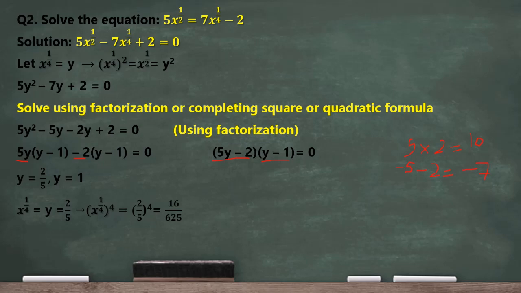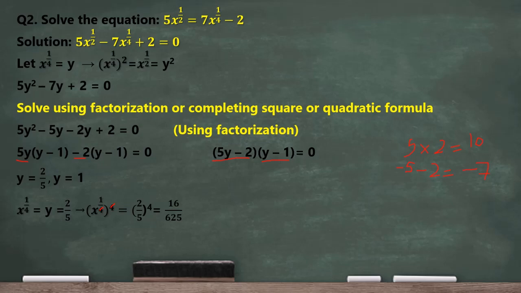So we need to find the value of x, we take power 4 on both sides, so we get 2 upon 5 raised to the power 4, which is equal to 16 upon 625. 5 raised to the power 4 equal to 625.